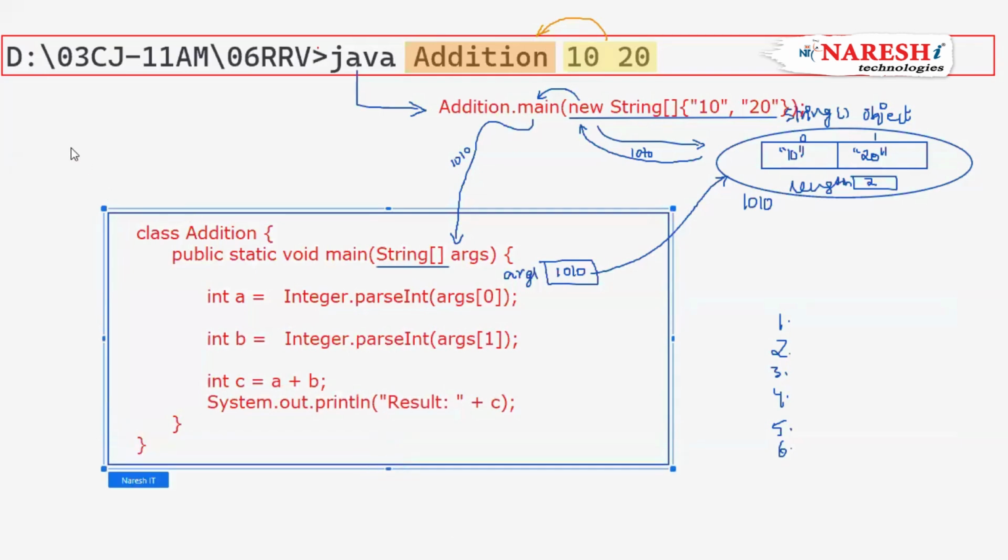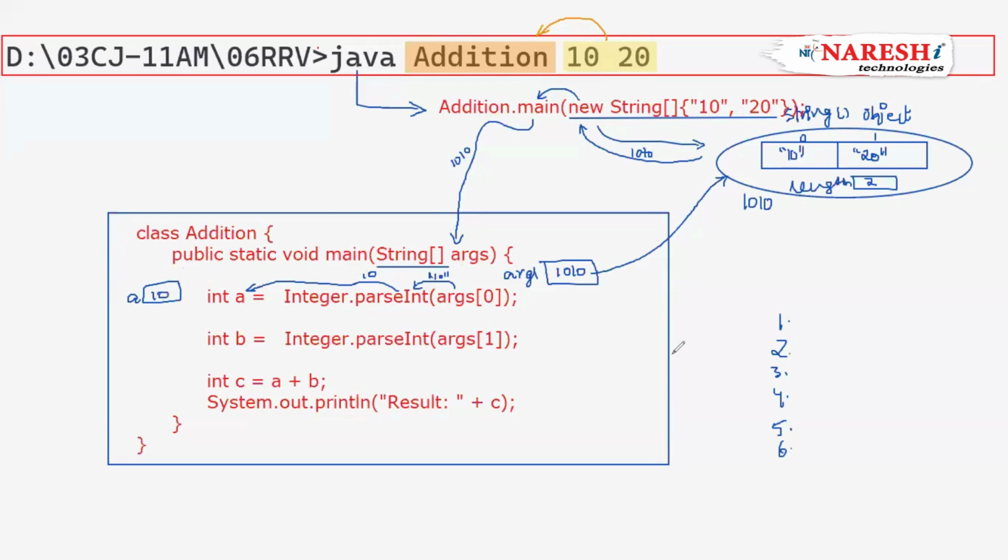And tell me the flow of execution. Args of 0 reads what? Double quotes 10 and gives it to what? The parseInt method. The parseInt method's internal logic converts double quotes 10 to 10 and returns to our program, and it is stored inside a. Then variable a memory is created finally with what value? 10.